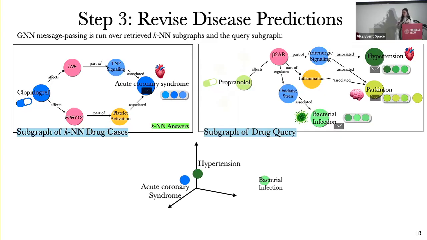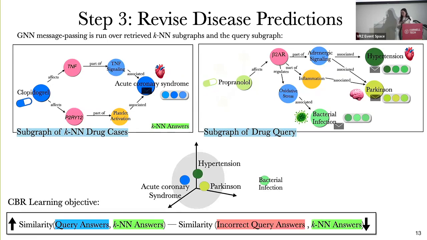And so this idea will allow us to identify Parkinson's as a possible answer, because as we can see in our graph, it's sharing mechanistic paths with hypertension. And this training process can be formalized as maximizing the similarity of correct answers and minimizing the similarity of incorrect answers.